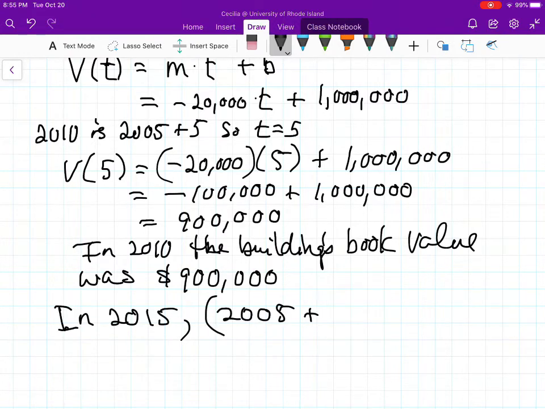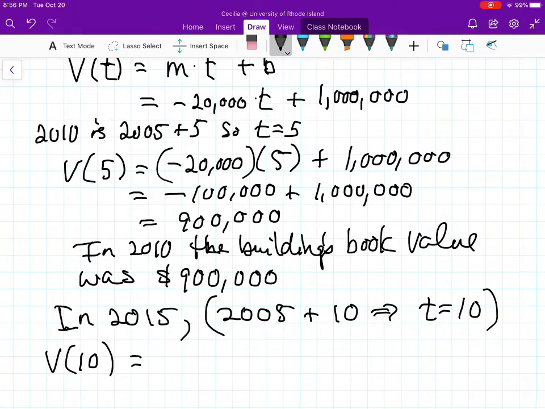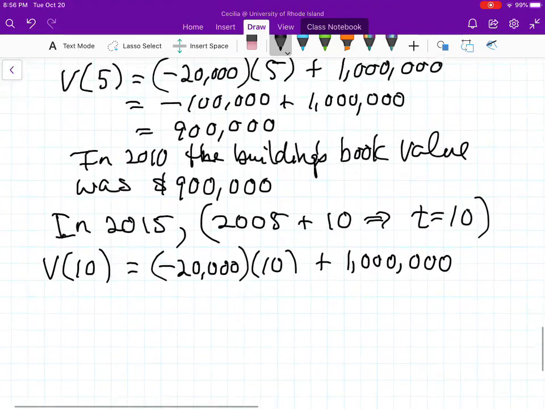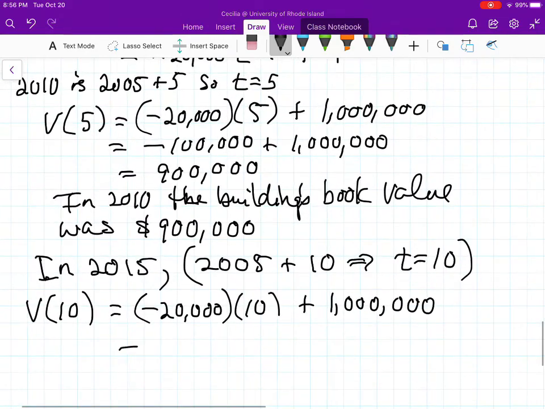So we can now calculate the value of our building 10 years after we completed it. So it's minus 20,000 times 10 plus 1,000,000. And again, we put this into our calculator to do the math on it. And we get out of this 800,000.